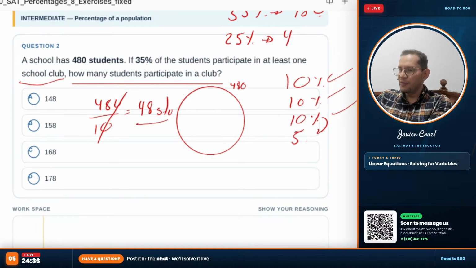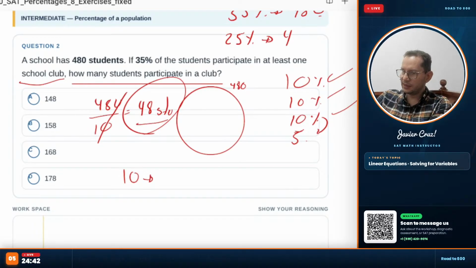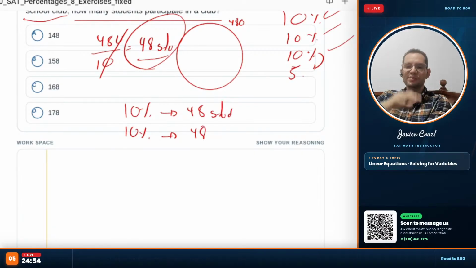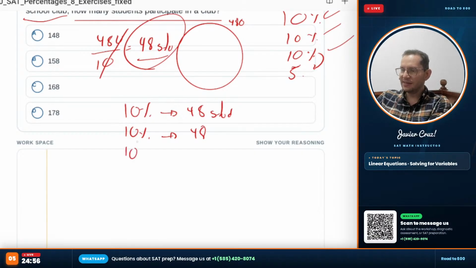So we now know that 48 students are the 10%. 10% is 48 students, right? And what about 10 more? 10 more are 48 students more, right? And 10 more, so here now we have 30%, and it is 48 students more.